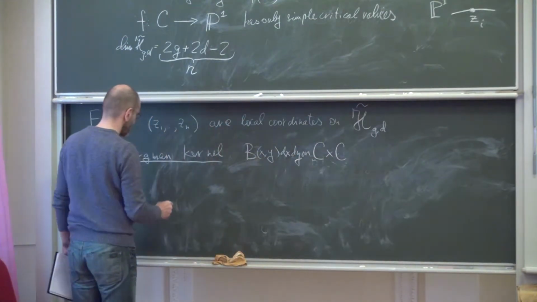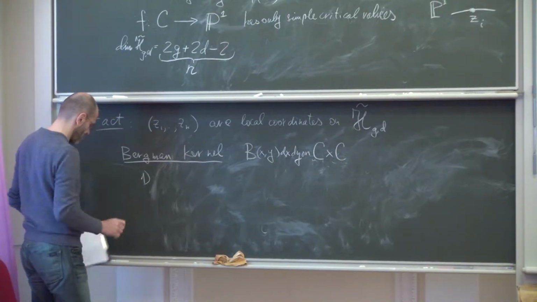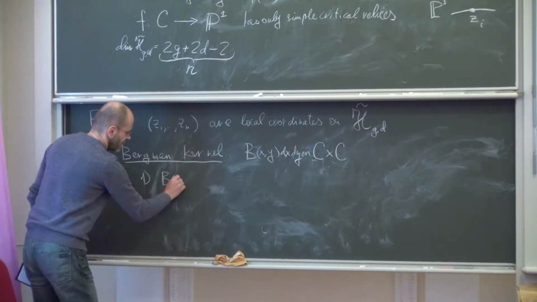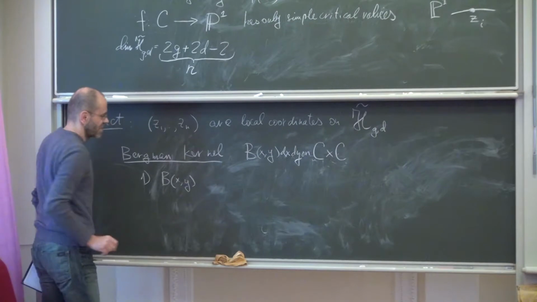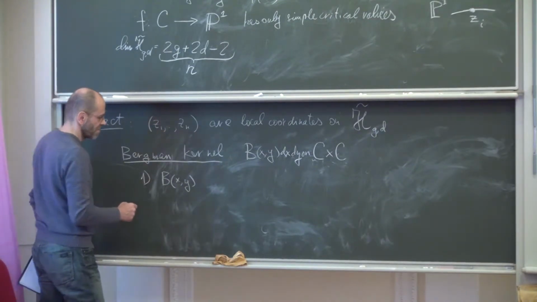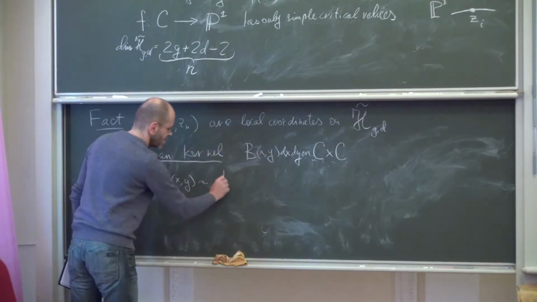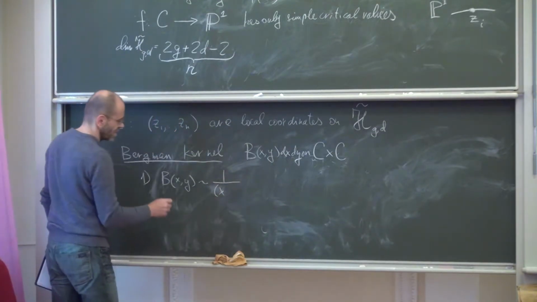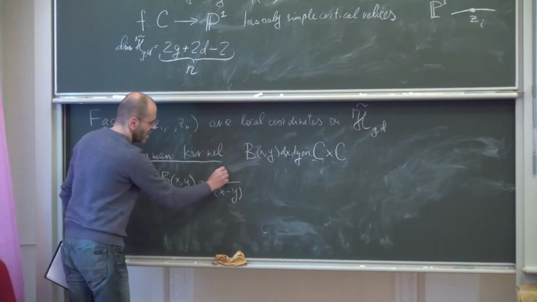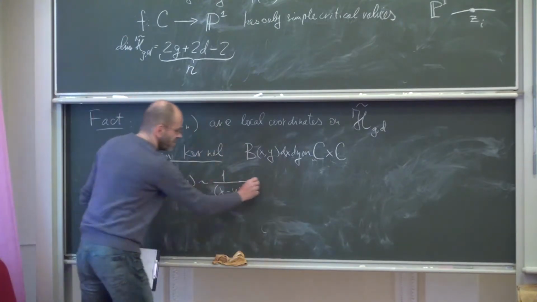It satisfies three properties that characterize it uniquely. The first property is that it's a differential of the second kind with respect to each of these two variables with biresidue 1. So when x is close to y, it behaves like 1 over (x minus y) squared, as y tends to x.